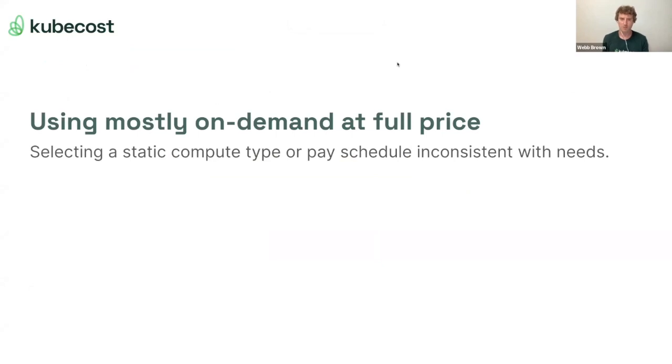So we see it as really common where teams will select a static compute type or pay schedule, and then stick with it, whereas the application needs actually tend to drift over time in most dynamic Kubernetes environments. And so you present yourself with more and more opportunity as time goes on in most scenarios where you can, again, tweak this underlying infrastructure.